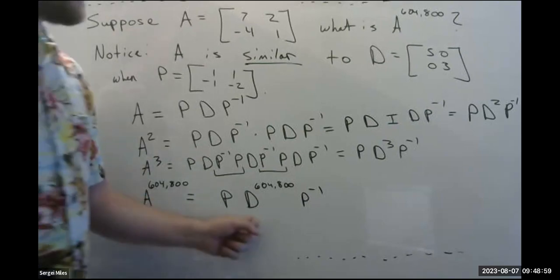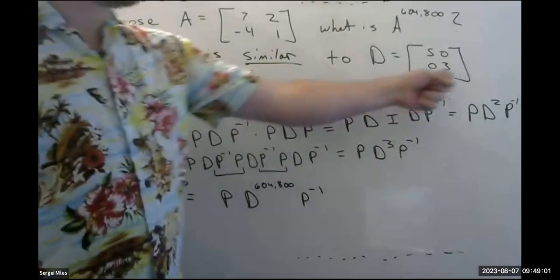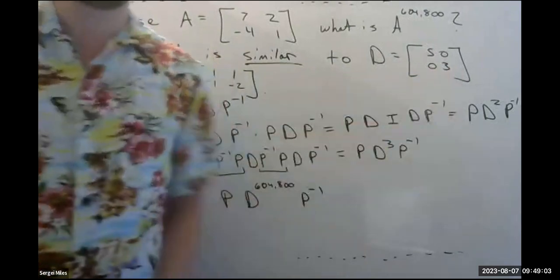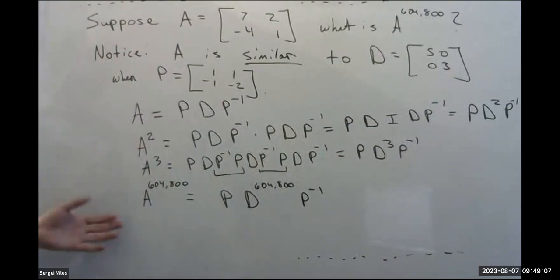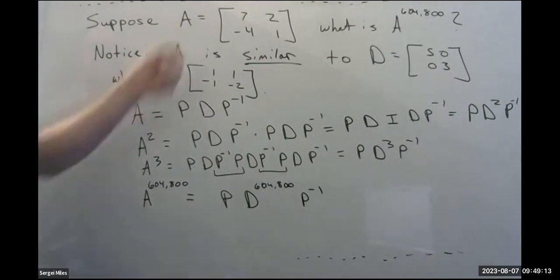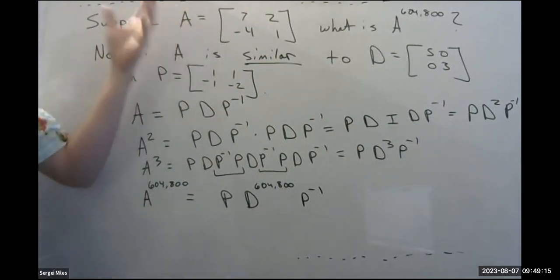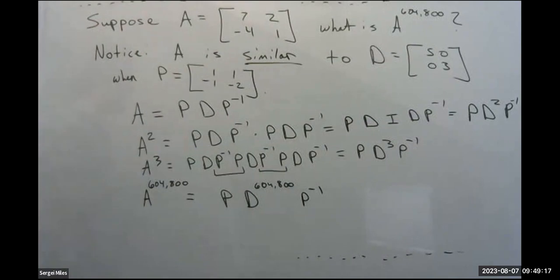But because D is diagonal, that's the same thing as just raising the diagonal entries to that power. So this is an easy calculation, and a computer can do this very quickly, or at least much quicker than the alternative of raising the original matrix A to that power and doing the dot product 600,000 times. All right?